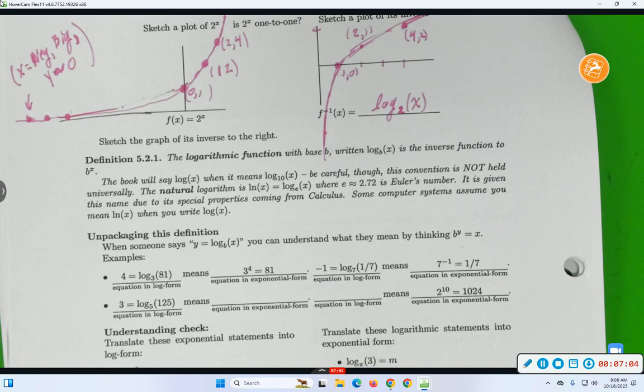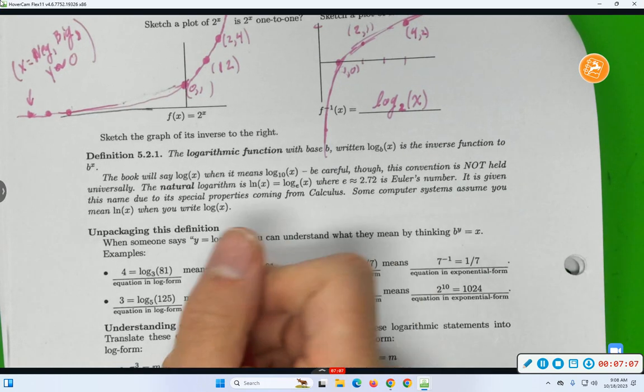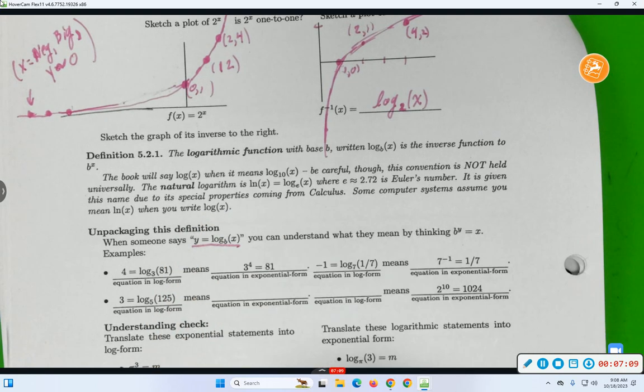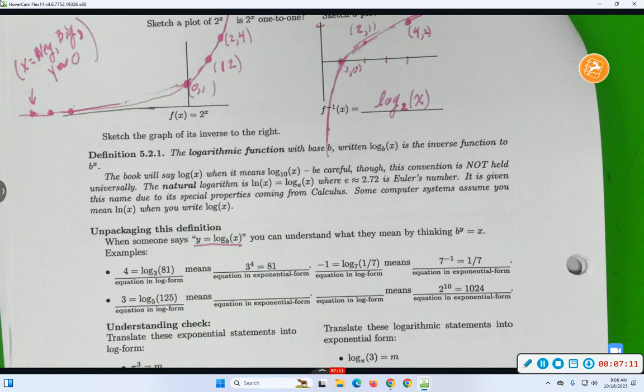So let's think about inverse functions, what they mean. If someone says y equals log base b, let's think about what that means. I'm going to have this on the board because I'm going to reference it a lot. Inverse functions have the job that they swap the role of inputs and outputs.